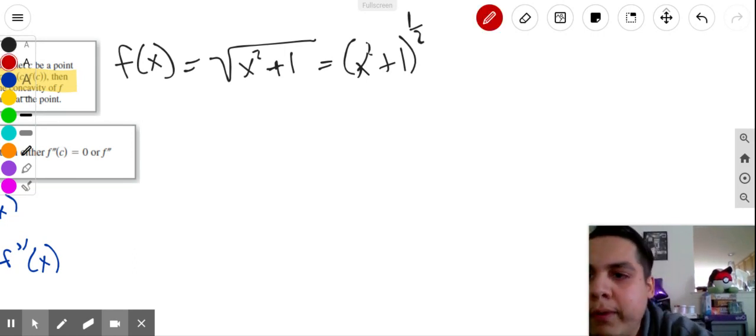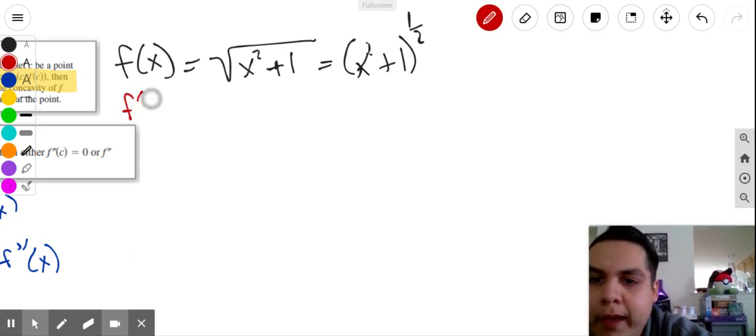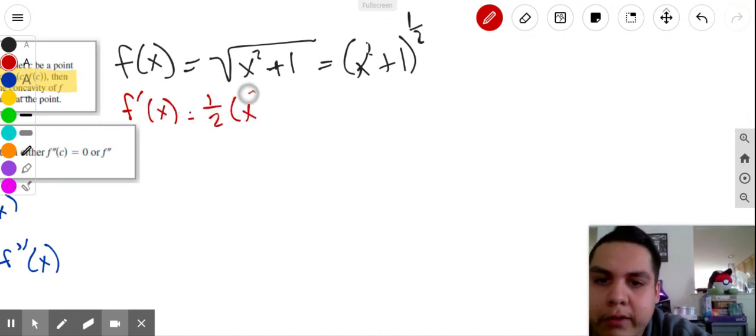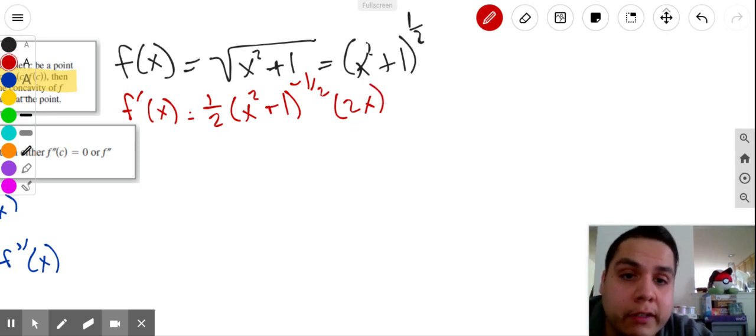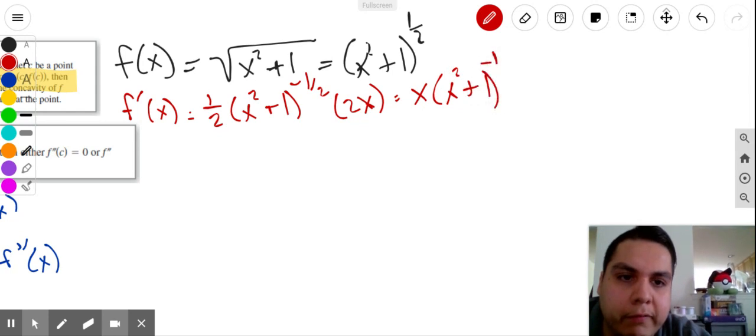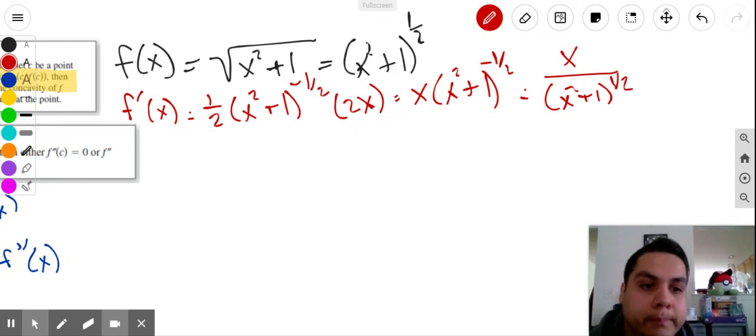So when we talk about f prime of x, we would have 1/2 times x squared plus 1 to the negative half power times 2x, which when we simplify it just a little bit, we end up with x times x squared plus 1 to the negative half power, which I can think about as x over x squared plus 1 to the half power.